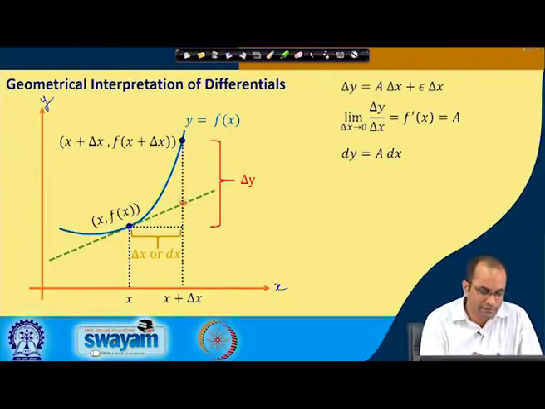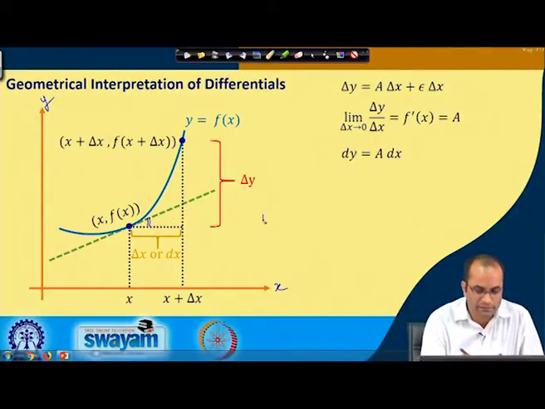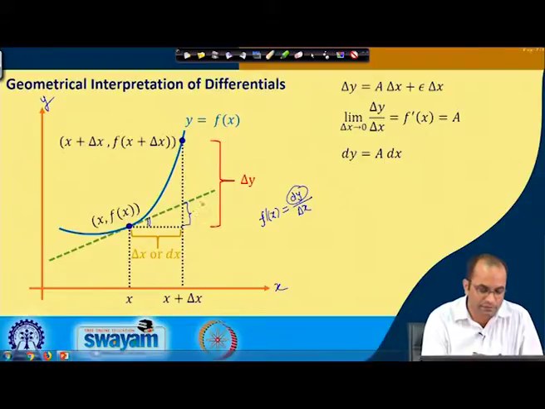So, here this distance will be nothing but f prime into this delta x, because in this triangle you can figure out that the tangent of this angle here is f prime at this point x, and this will be equal to this distance, which we will call dy, divided by delta x. So, this distance is f prime x into delta x.